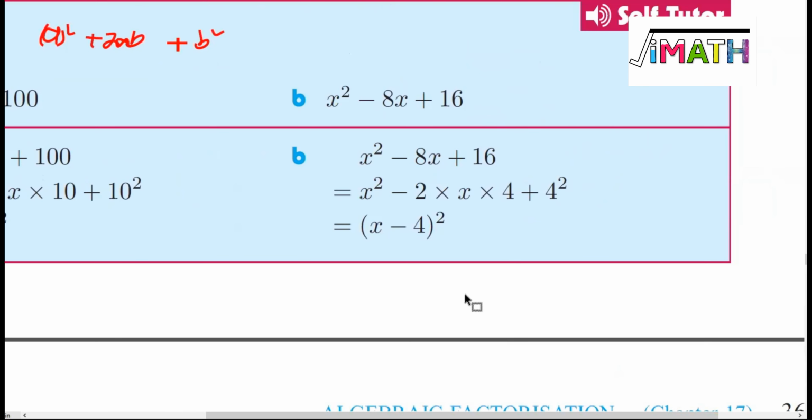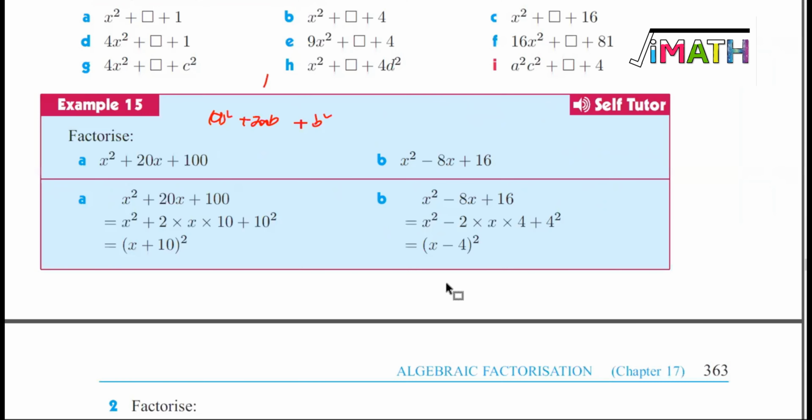We'd start off with x squared, and then 4, we break that down into 2 times 2x, so negative 2 times x times 4, and then it would just be 4 squared. Perfect.